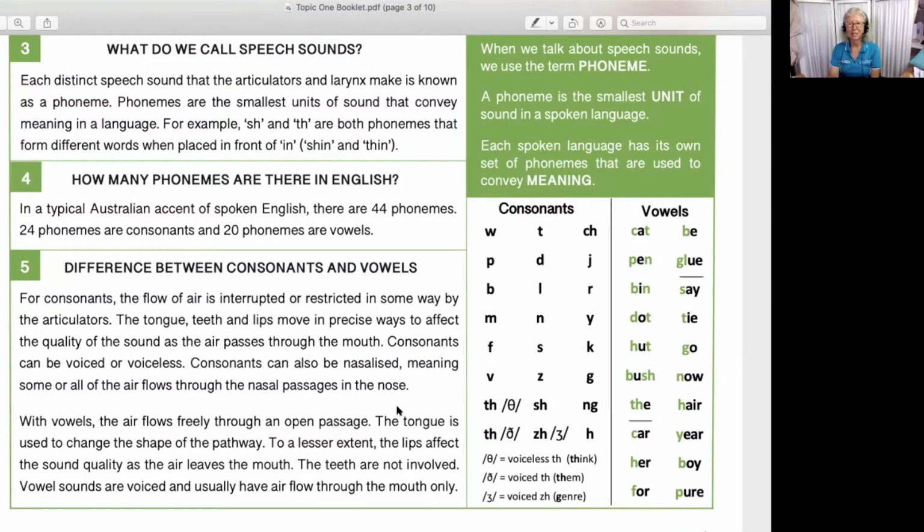So as we get the mirror in a minute and go through our phonemes, you'll be able to think about which articulators you're using. Whereas with the vowels, we change the size of the passage of air, but we don't actually connect with the teeth or the tongue or the lips. And so vowel sounds, they need to use the voice, and they have the air flowing through the mouth only.